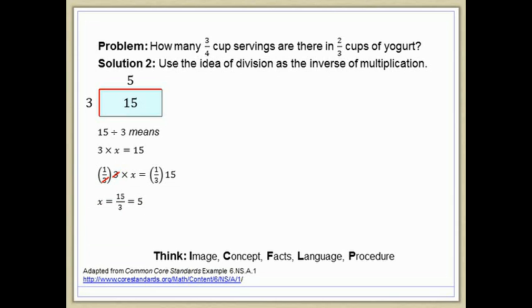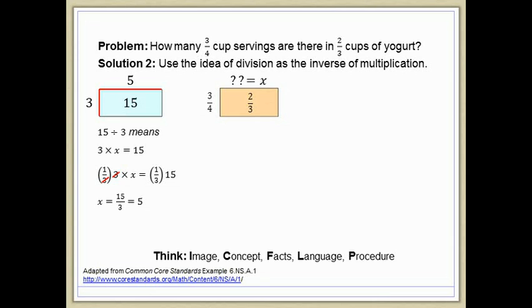Let's see if we can translate those ideas into fractions. So here's our problem. We have 2/3 of a cup of yogurt. We'll represent that with this rectangle. And we want to see how many times 3/4 goes into 2/3, which is 2/3 divided by 3/4, and we'll get an answer somehow.